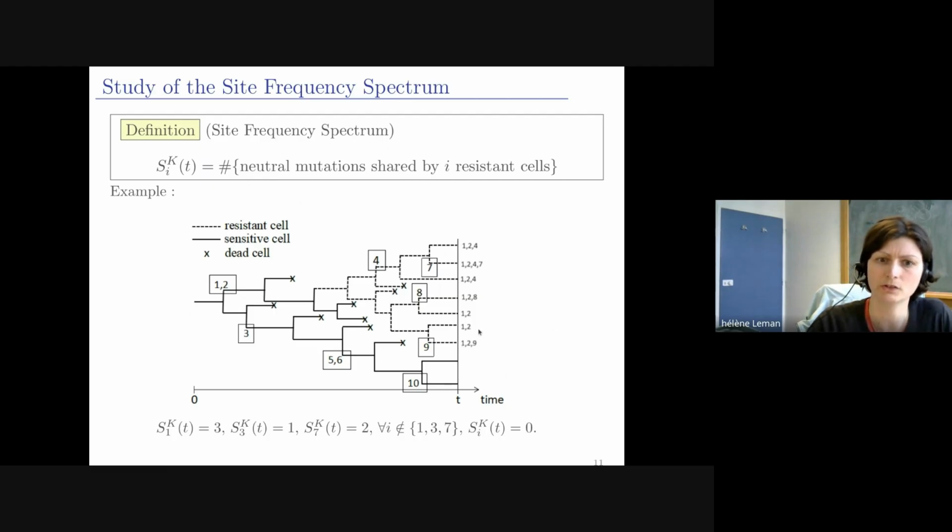In this example, we have S1 equal to 3, which corresponds to the neutral mutations 7, 8, and 9. S3 is equal to 1, which corresponds to mutation 4. And S7 is equal to 2, which corresponds to mutations 1 and 2. And S_i is equal to 0 for other i.